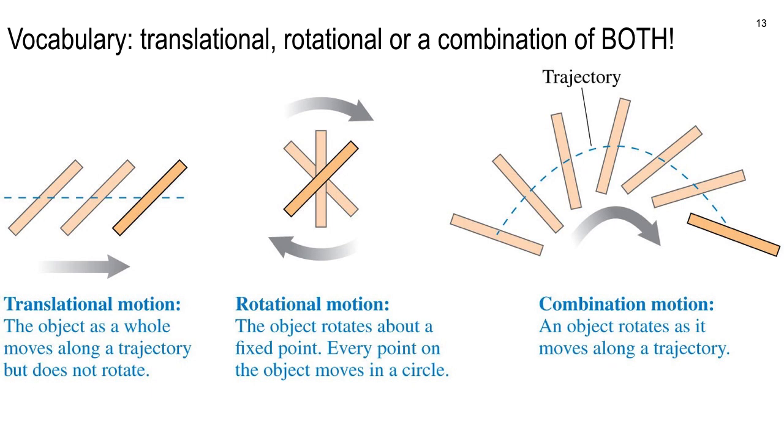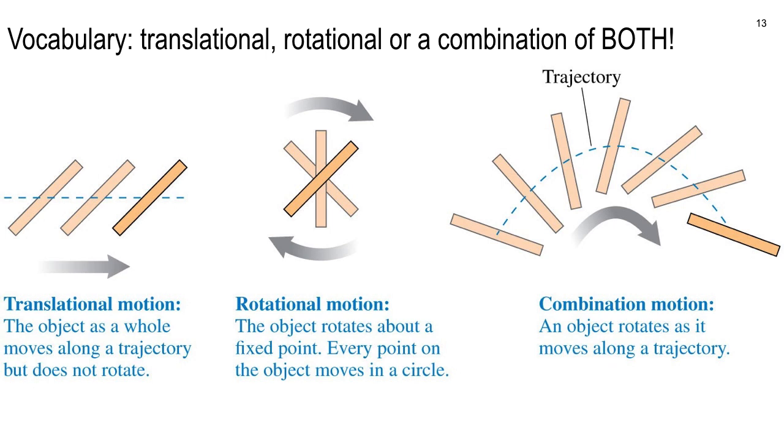Now, if you get a torque, you're going to develop some rotational motion. And it's possible to also have a combination of both. This diagram shows an object moving along a parabolic arc, and also spinning a little bit.